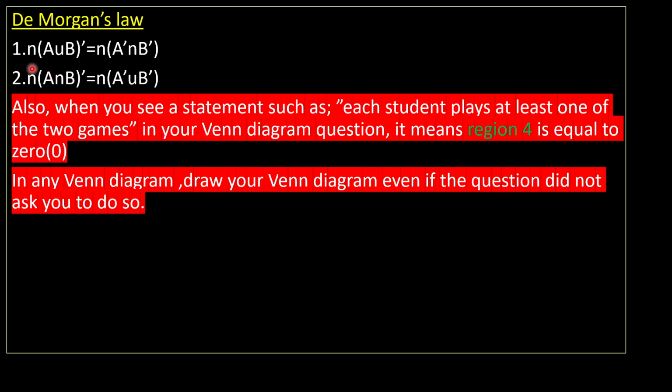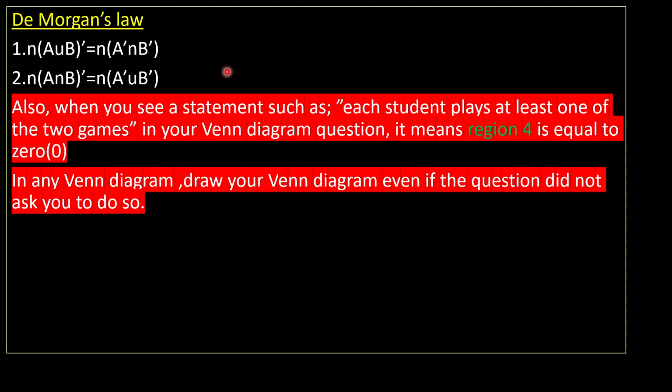His law stated that the number of A union B, all complemented, equals the number of A complement intersection B complement. Number two, the number of A intersection B, complemented, equals the number of A complement union B complement.